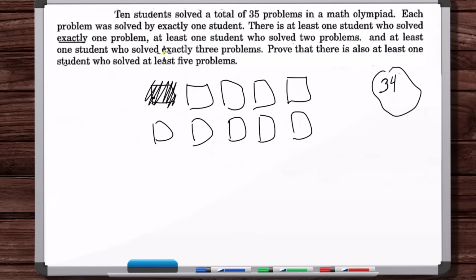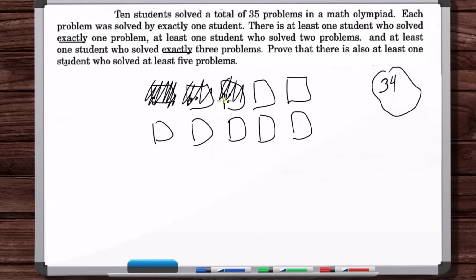There could be multiple students that solved exactly one problem or 2 problems, that's possible. But there's at least one student who solved exactly one problem, at least one who solved exactly 2, and at least one who solved exactly 3. So we can just erase these.